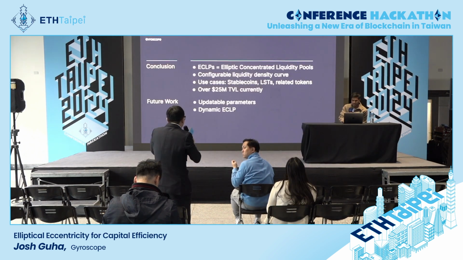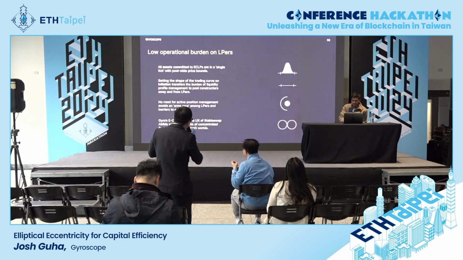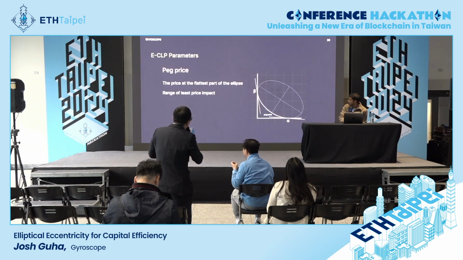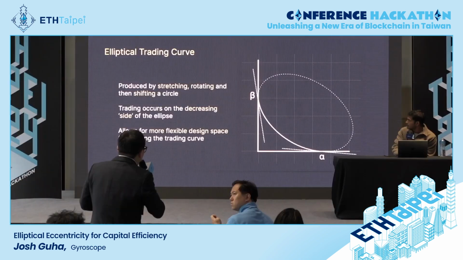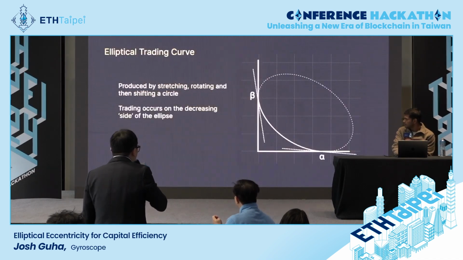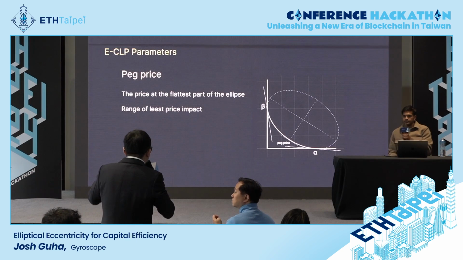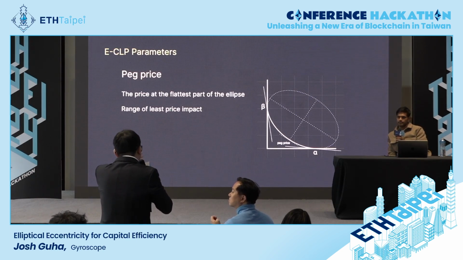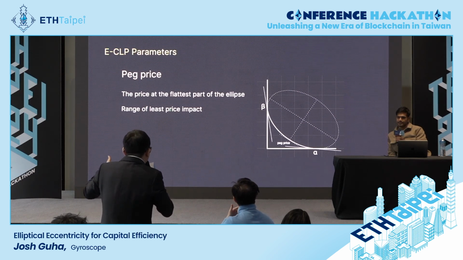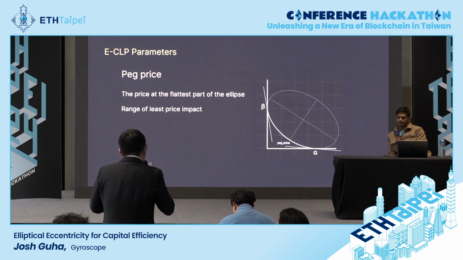Because if the phi is 45 degrees, it will be a circle. So I'm asking you, is it possible in some situations for the phi to be 45 degrees?